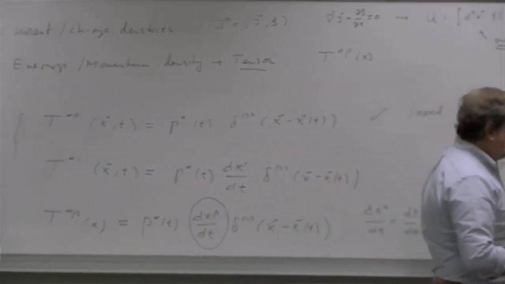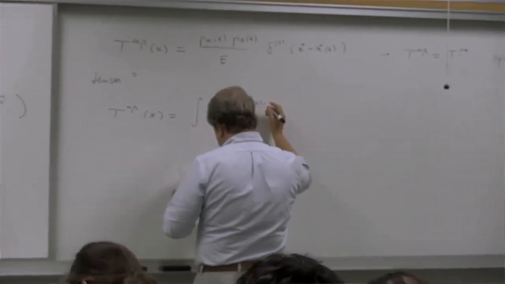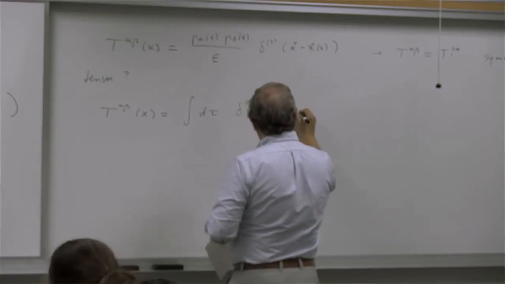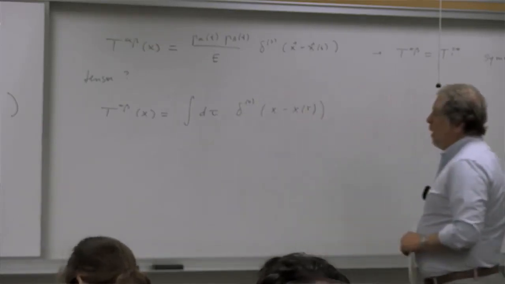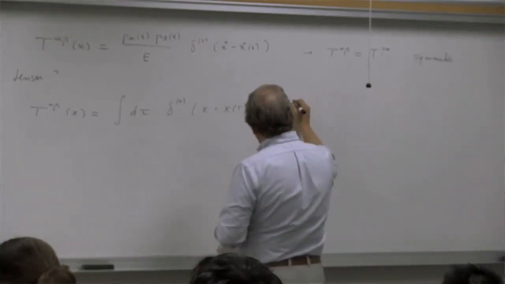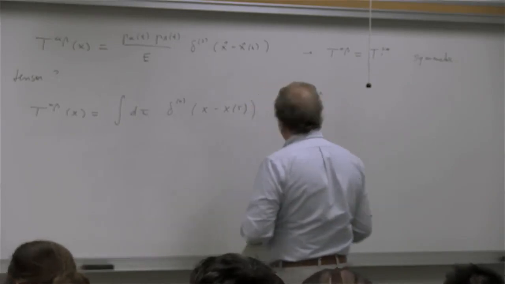And we are going to write this as a delta function, delta 4 of x minus x of tau, times P alpha and dx beta by d tau.